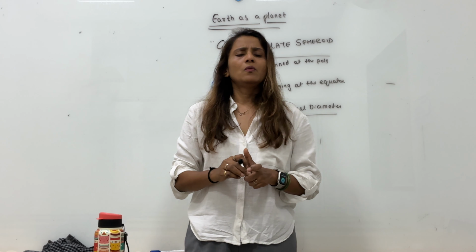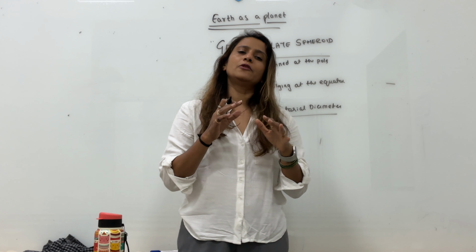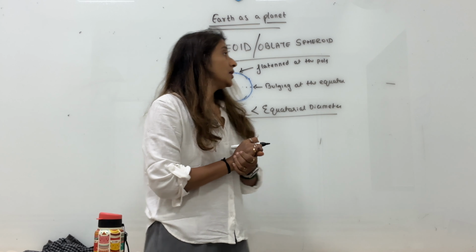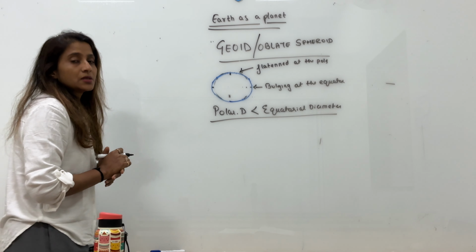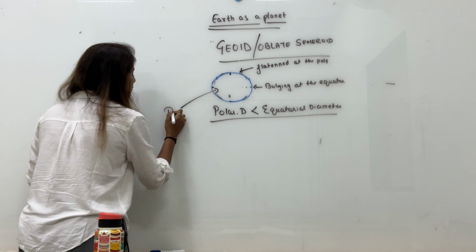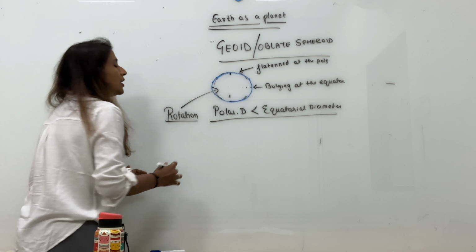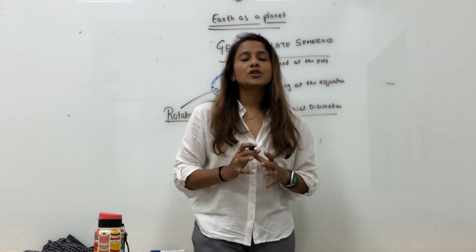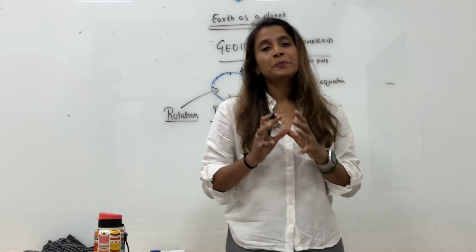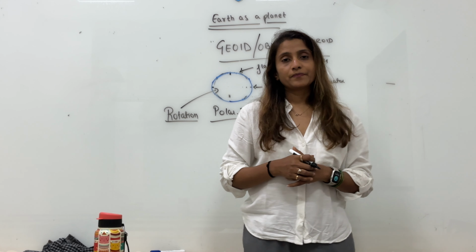So now, what has caused this shape? Who is responsible for this shape? This shape has been caused due to the rotation of the earth. Now, kids, the speed of the rotation of the earth is maximum at the equator.